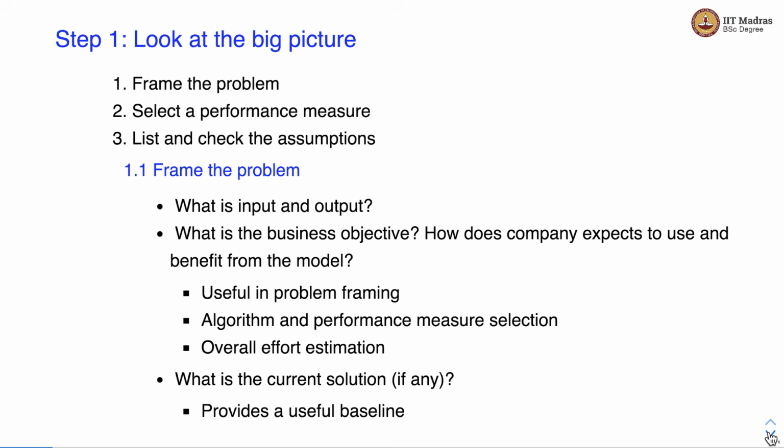It is also important to understand what the current solution is, because the current solution provides a useful baseline. Sometimes the current solution could be to use human labor to figure out the quality of the wine. Now we can figure out the accuracy of the current system that is deployed for the problem.